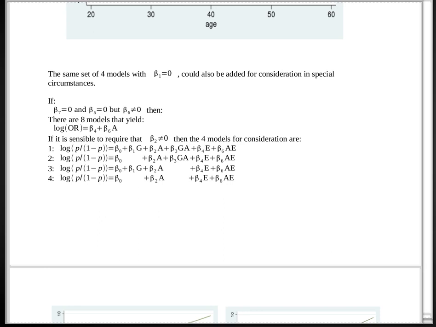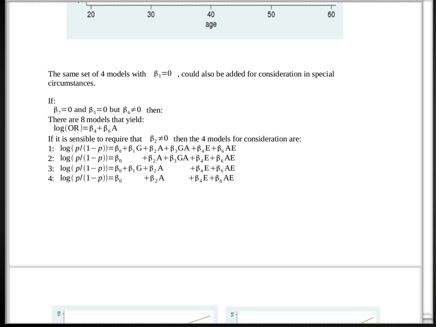What do we got? We've got this consideration of beta 4 and beta 6 now. And then we've got differing involvement in gender. Okay, how does gender adjust the age modification?